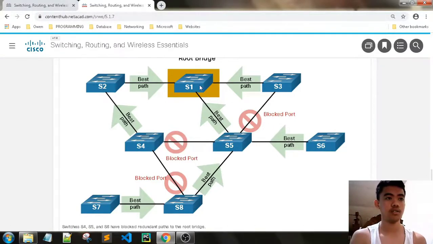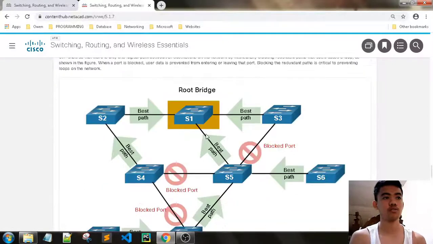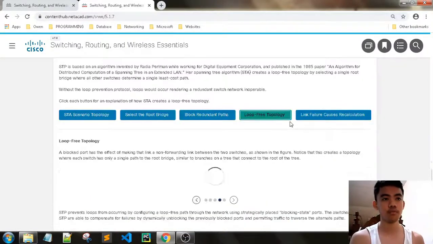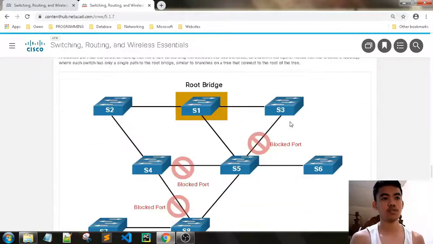We have the path from S4 to S1 through S2, but the path from S4 to S1 through S5 is blocked. So STP is used to prevent layer 2 loops, giving a loop-free topology.